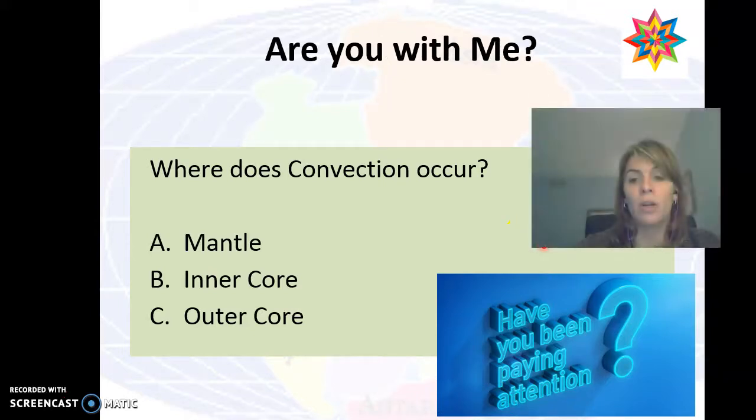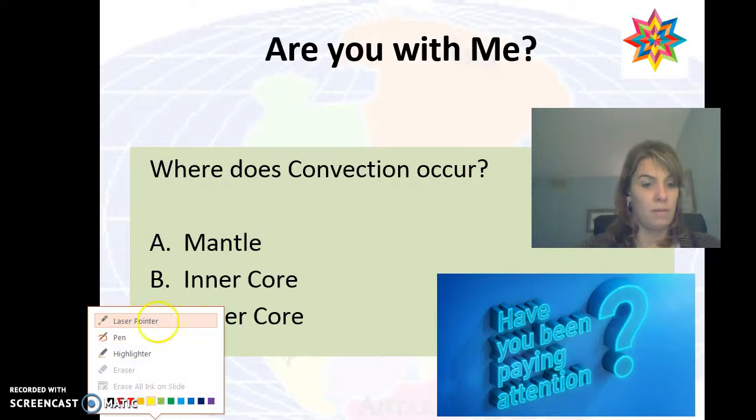Where does convection occur? Okay, so you'll want to pause the recording, make your choice, and then turn it back on and I'll tell you the correct answer. Where does convection occur? The correct answer here would be, sorry, technical difficulties here.